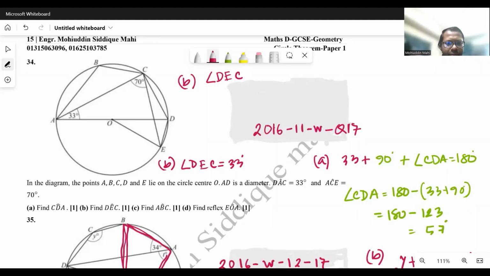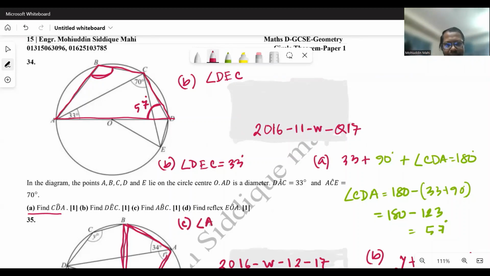Next, we have to find out angle ABC. Now, we already know angle CDA, which we found in the first question, and CDA was 57 degrees. Now, if we subtract that 57 from 180, because ABCD is a cyclic quadrilateral, the sum of the opposite angles is supposed to be 180 degrees.